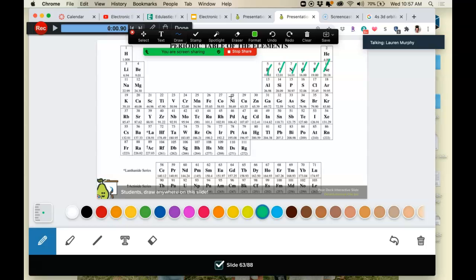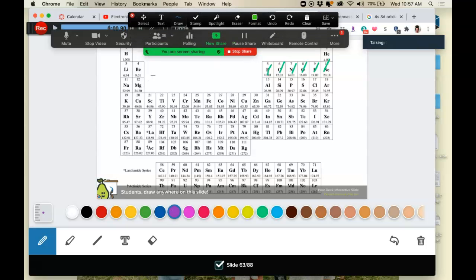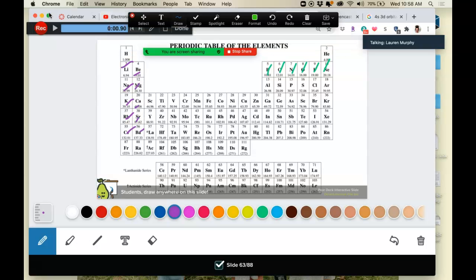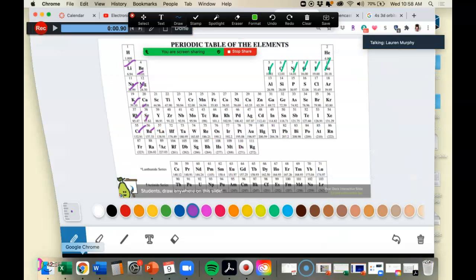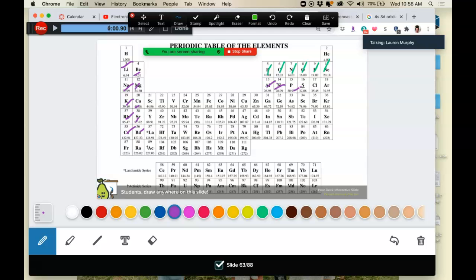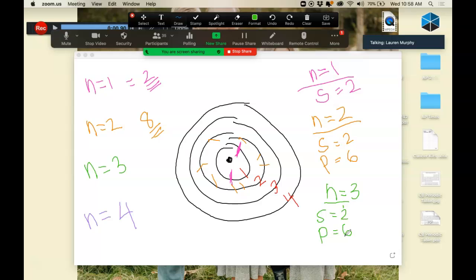Right here, right? 2, 2, 2, 2, 2, right? So those can hold 2. We have p orbitals, right? There's 3p. Go back to your periodic table. The third row, there's a p block. It's right here. Those can hold 6 maximum electrons.